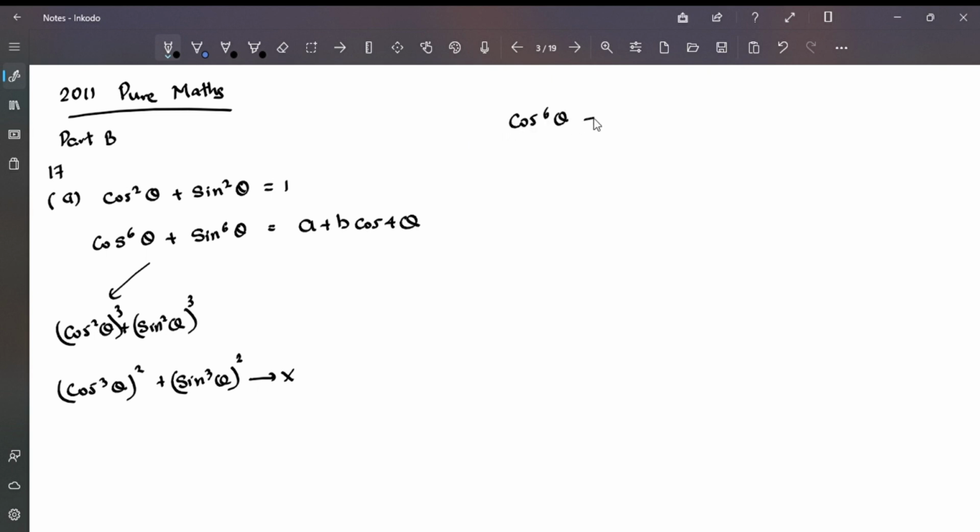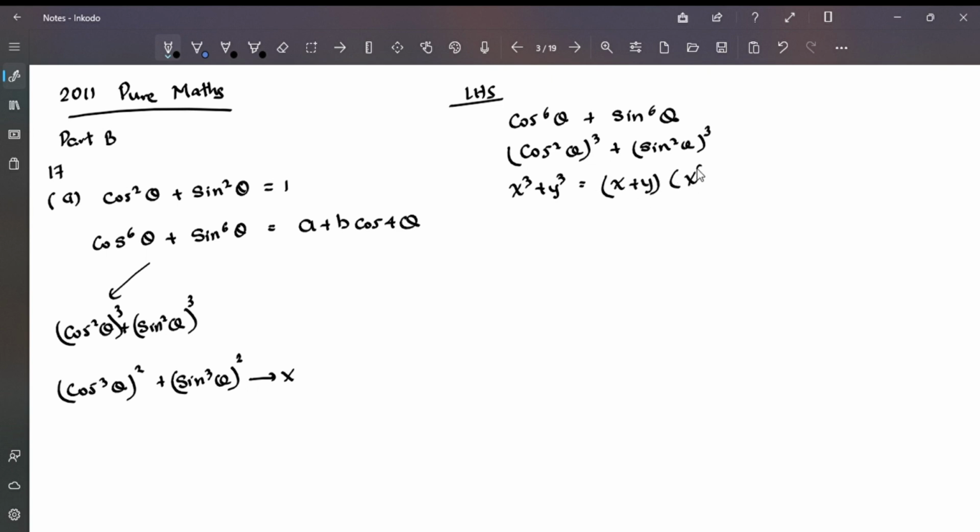Cos to the power 6 theta plus sin to the power 6 theta, left hand side. This is cos square theta cube plus sin square theta cube. This is like x cube plus y cube, basically x plus y, x squared minus xy plus y square.